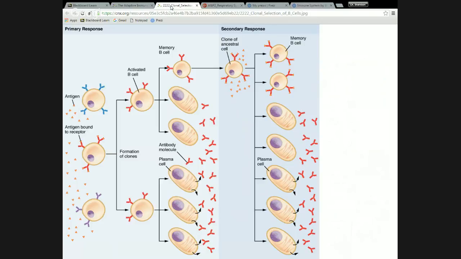Vaccinations basically stimulate the primary response with a non-virulent form of the pathogen so that you develop the immunological memory against it. And then the secondary response is what you see when you finally do get introduced to that thing that you're already immune to, thanks to the vaccine. I'll check this in the book.